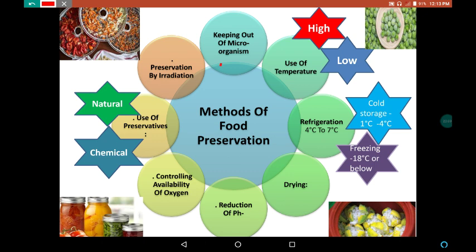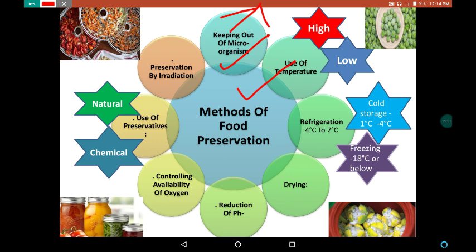First is keeping out microorganisms. How? Cleanliness, use of clean water and utensils, proper covering and proper packaging can keep out microorganisms. Next is use of temperature. We can preserve food by the use of temperature, meaning application of heat: heating, boiling, cooking, pasteurization.